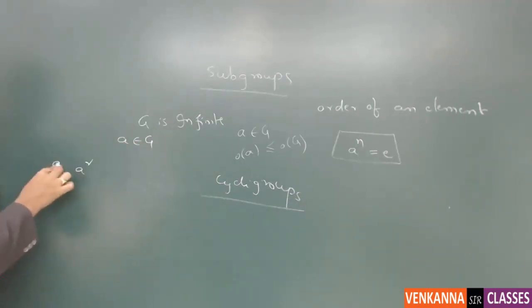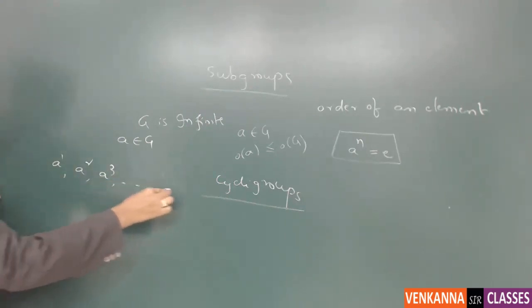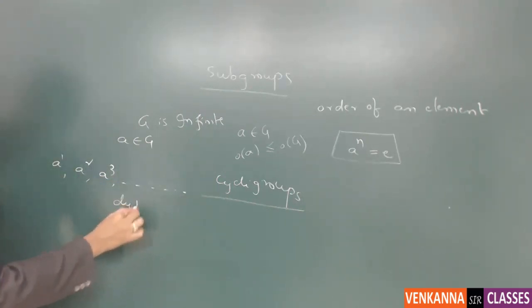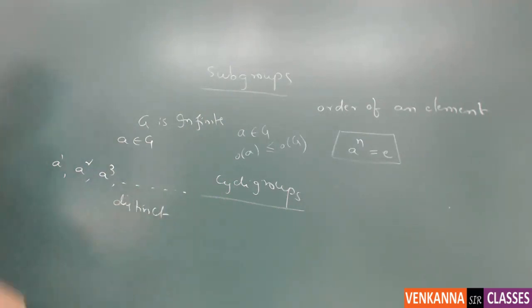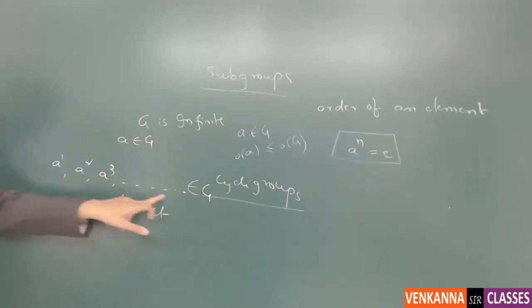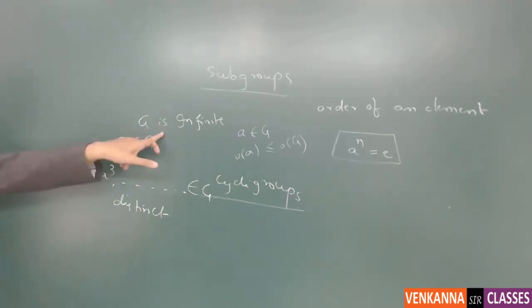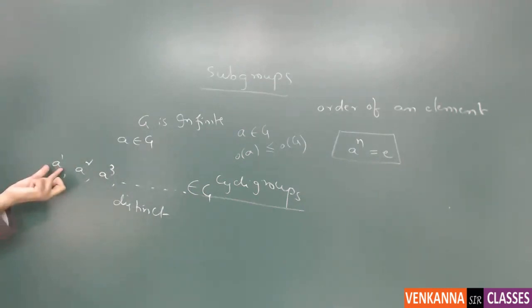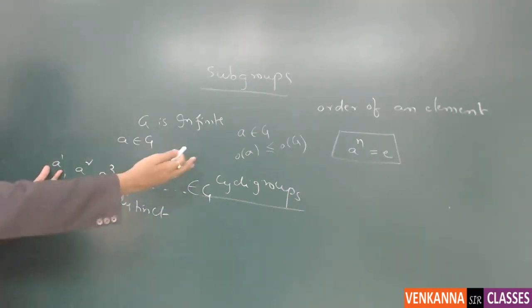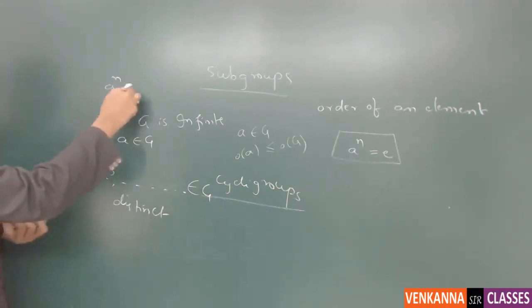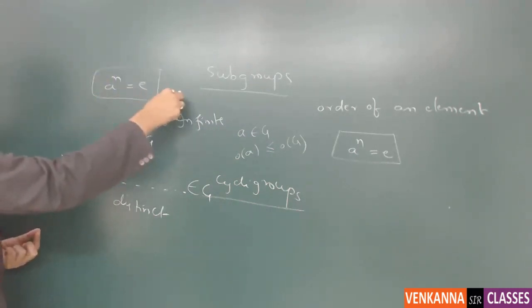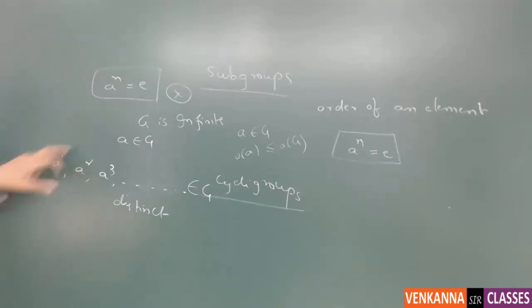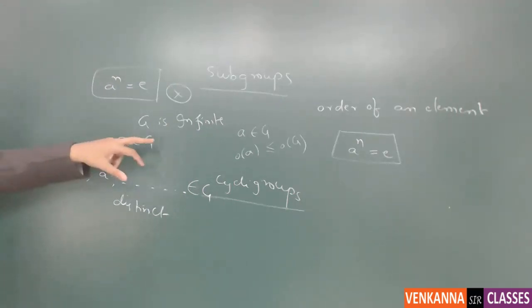So if you raise the powers of A, all are distinct, such that all these values belong to G. Since the powers are infinite, G is also infinite. See, if you observe the element A, you cannot find a positive integer n such that A power n is equal to E. This case is not possible here. So what happened? Order of an element is nothing but infinite there. Did you get it now?